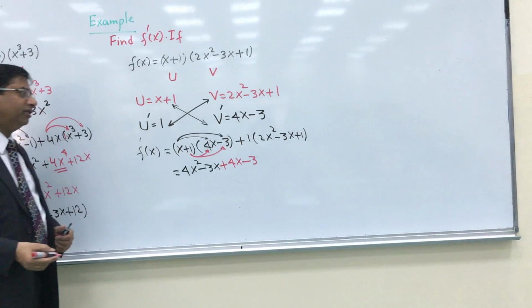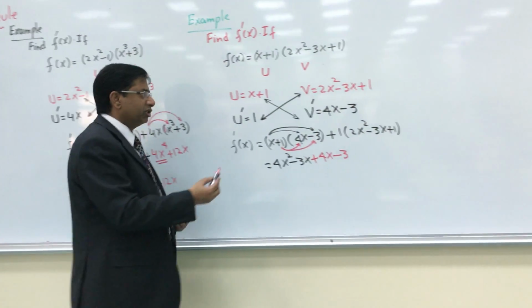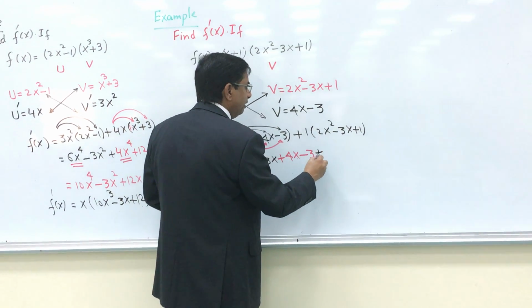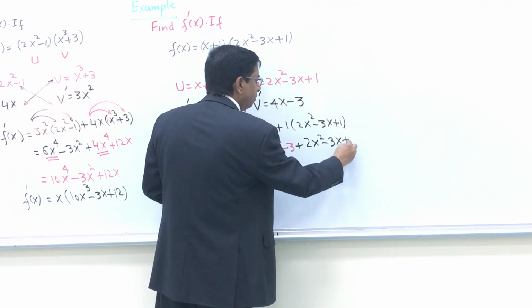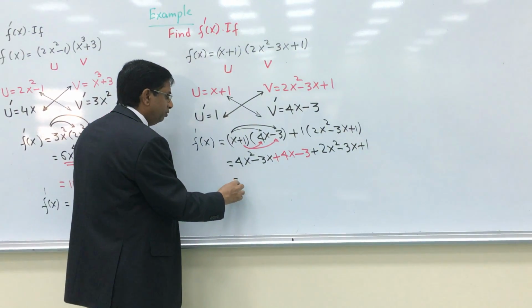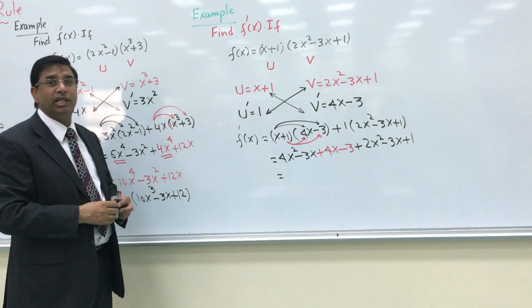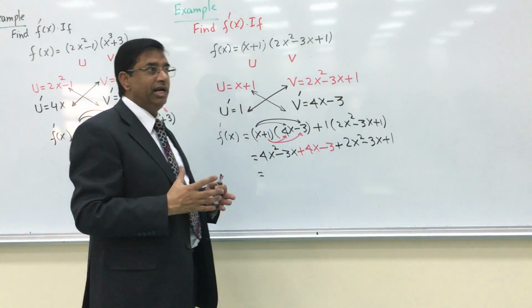Apply the FOIL method for multiplying this one. Here, because one times anything is the same, keep 2x squared minus 3x plus 1. So multiplication is done. Now we have to look for the like terms. Next step is to look for the like terms, simplify and write the answer.